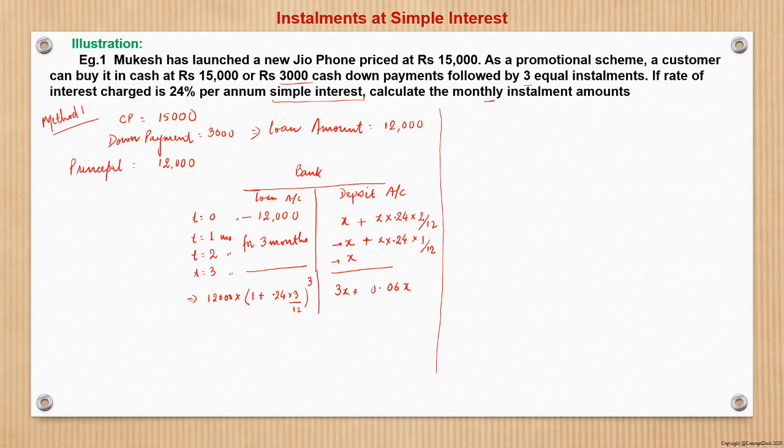So then if we see this, this will become 12,000 into 1.06 raised to power 3 is equal to 3.06x. So if we solve this, this becomes 12,000 into 1.06.